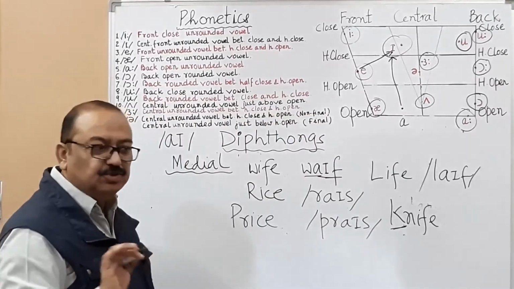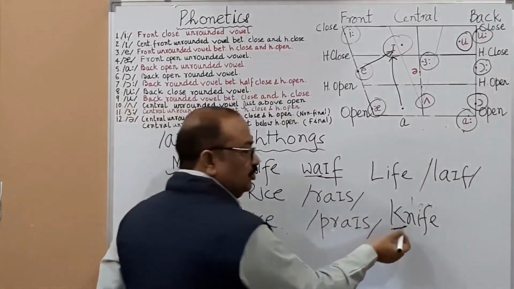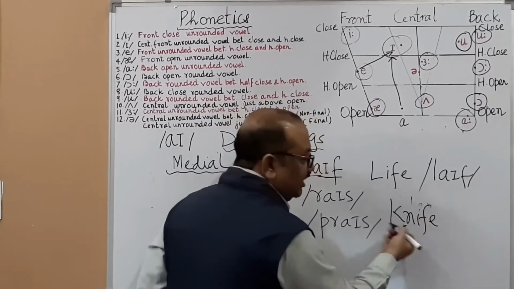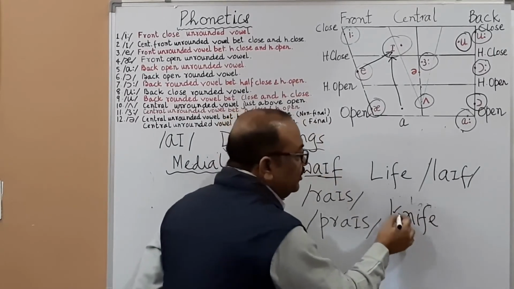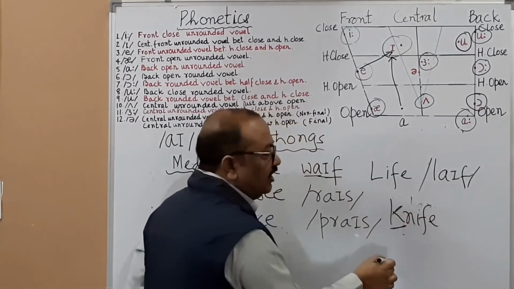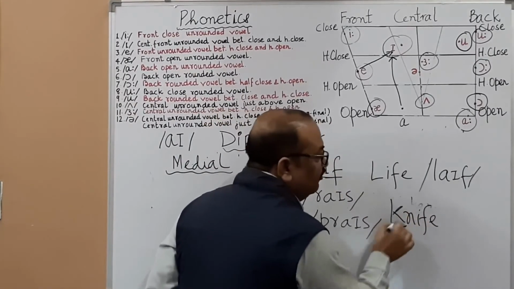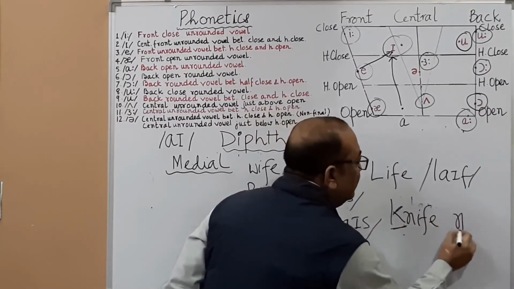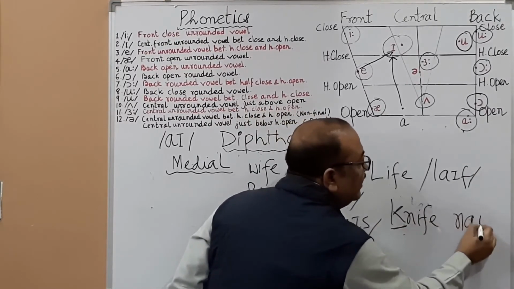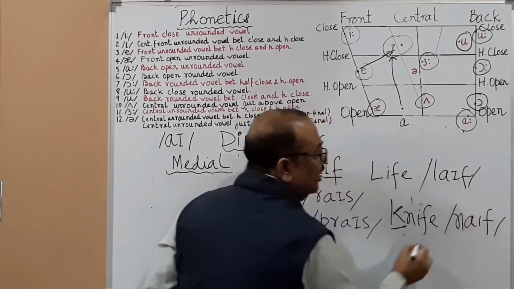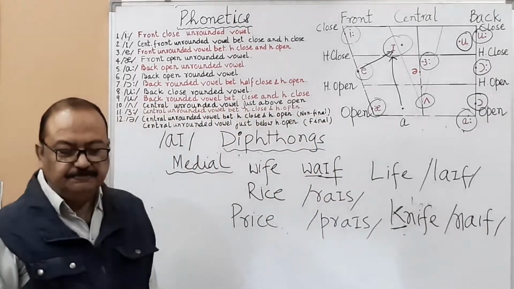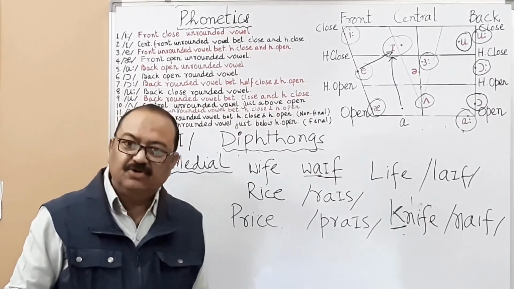Silent letters do not figure in transcription. So just remove it from your mind while you are transcribing it. You do away with it. So na and if, knife. Yes, good.